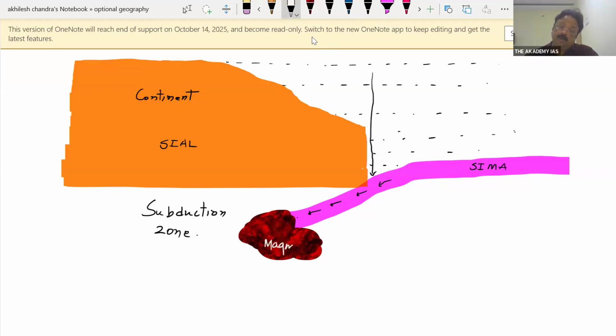Although these were not seen through bathymetry, what was found is that trenches are where the movement of plate is taking place downward.